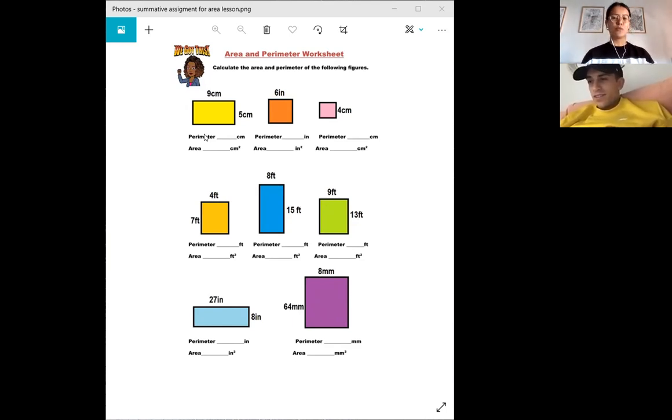Multiplication. Yes. What do you multiply? The width and the length. Yay! Very good. Okay, go ahead and work on your quiz. I'm going to give you some time. Do your best. And so that would be my final quiz or final assessment.